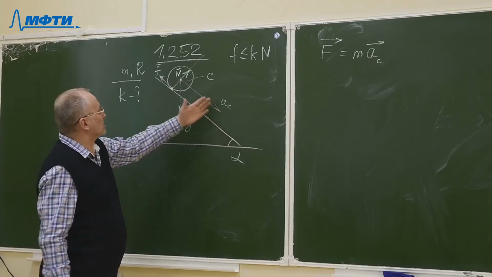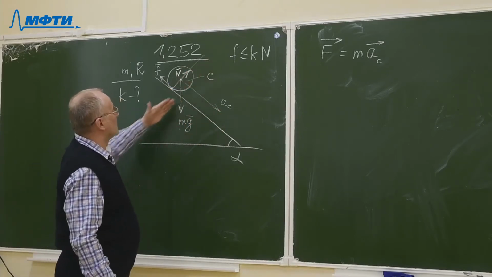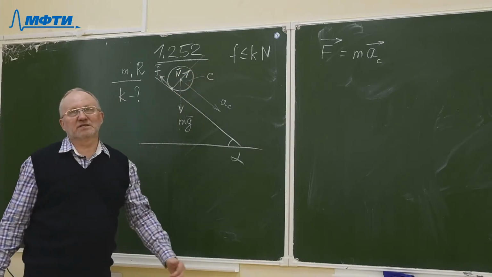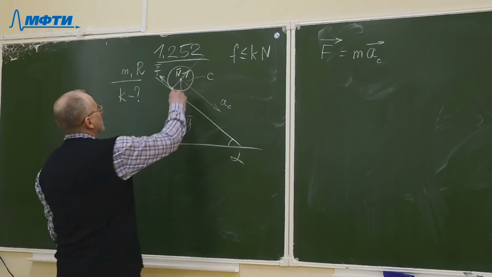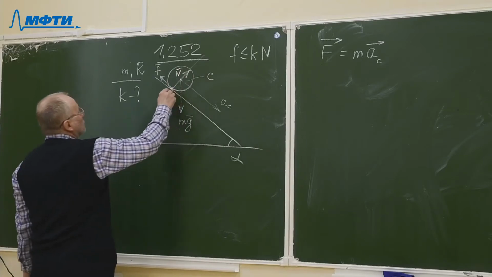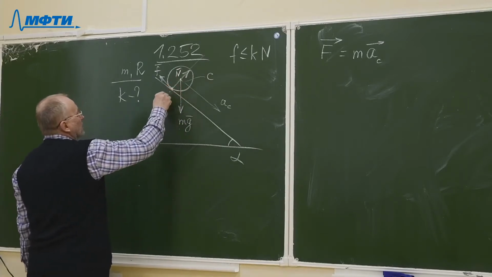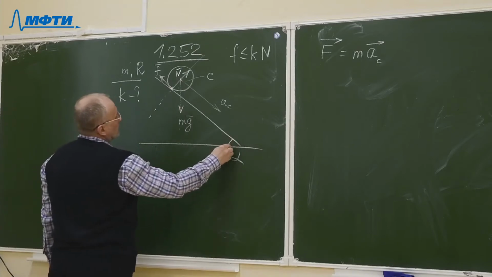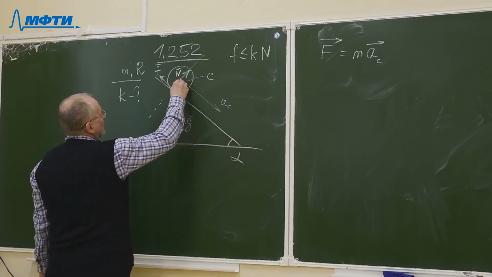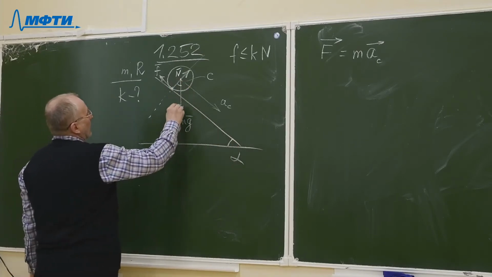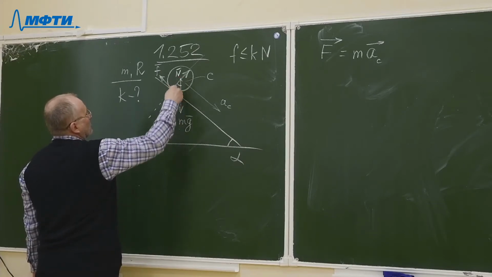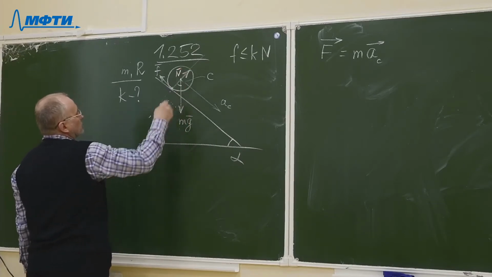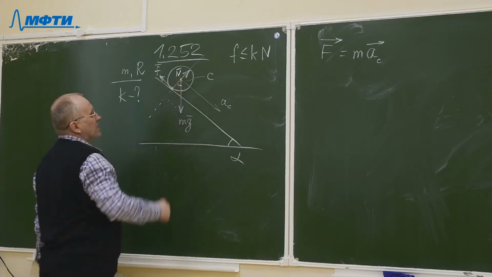Absolutely so. It means that all the forces acting in the perpendicular direction must give you zero. It means that N should be equal to the corresponding component of mg. So if this angle is alpha, then this angle is also alpha. And the component of mg perpendicular to the surface is mg cosine alpha.